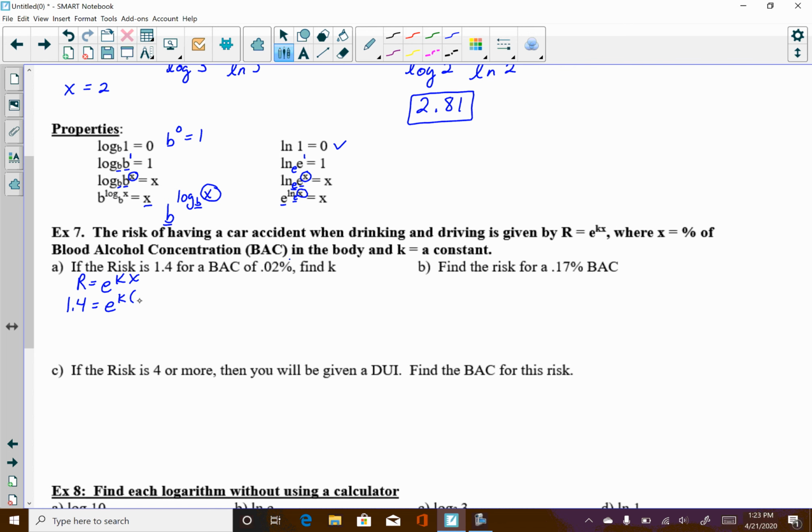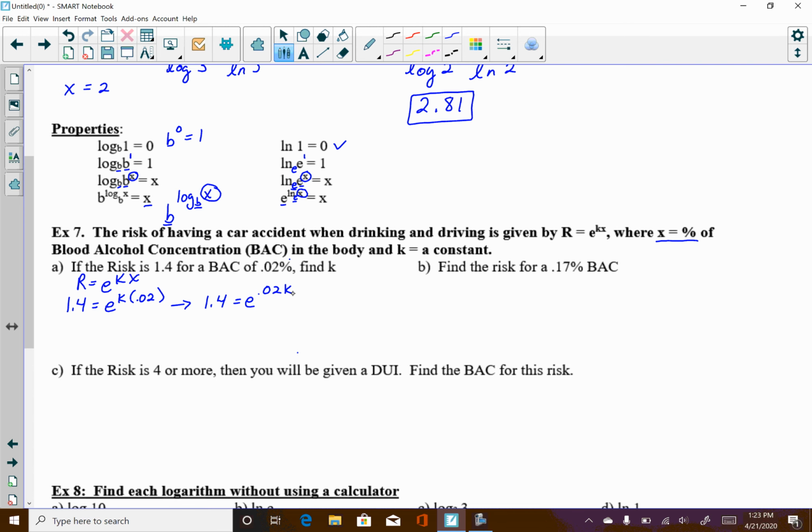You don't need to change that to a decimal because x is a percent, so keep it in percent format. I'll rewrite that as 1.4 equals e to the 0.02k.